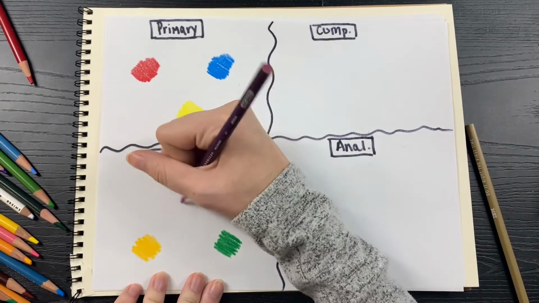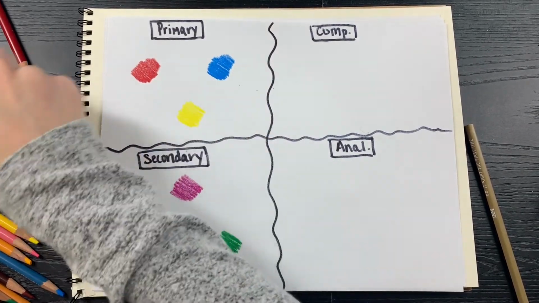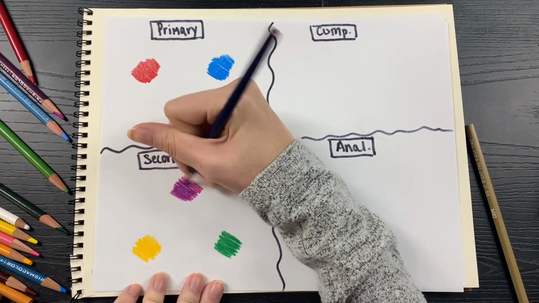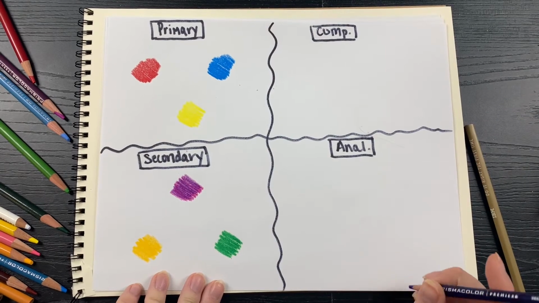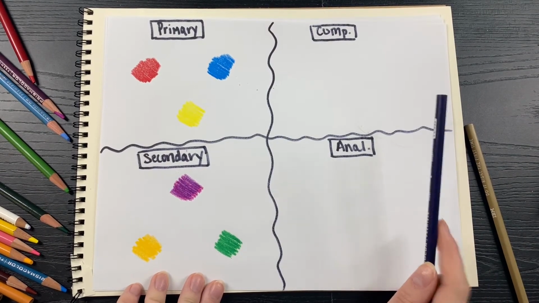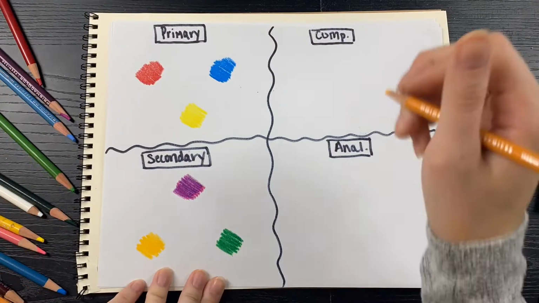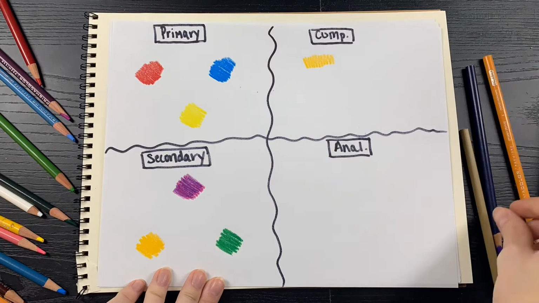So as I'm finishing up that, let's talk about our complementary colors. Complementary colors are completely opposite one another on the color wheel. So when you're making this chart, I would really suggest you have your color wheel right out beside you. It's going to really help you visualize what colors are complementary. So here I have my orange.